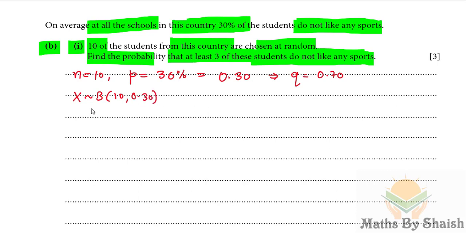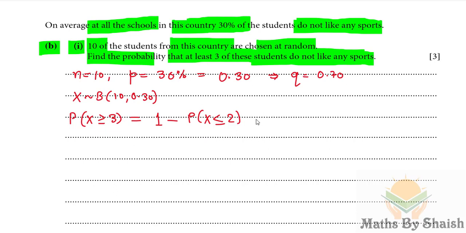So this question becomes finding the probability at least 3, so X is greater than or equal to 3. We need to find this probability, and of course it is not a good idea to go from 3 to 10. So the best way is to calculate 1 minus, taking the complement, which is less than 3, or less than or equal to 2.